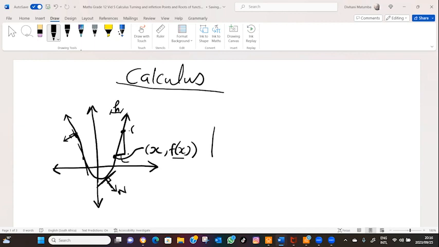That will be f of x plus h. I think we all agree on that one. That means this point here will be x plus h, because from here to here is x, and from this point to that one is h plus x.